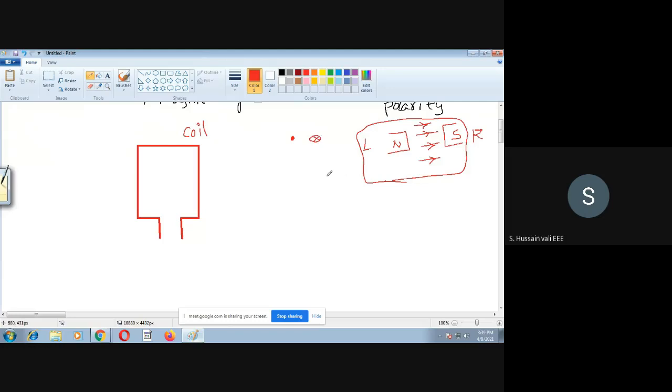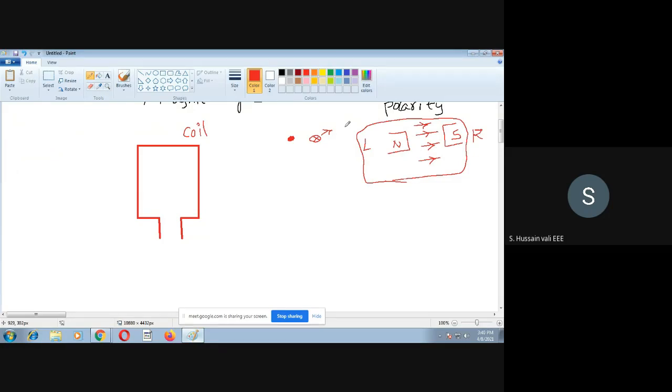So cross and dot. Whenever you find the dot, it means that the flux lines are coming towards you from the screen, whereas this cross symbol tells the flux lines are going into the plane from you.